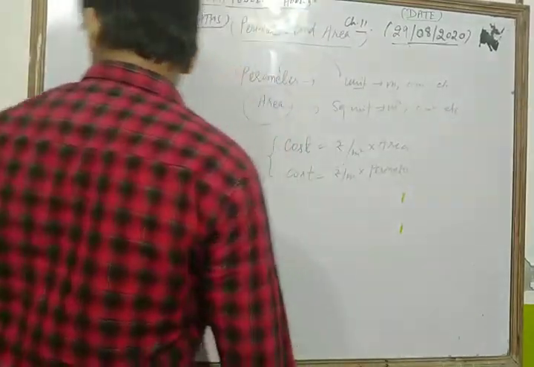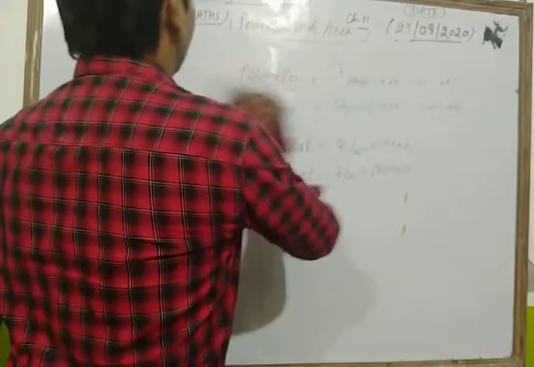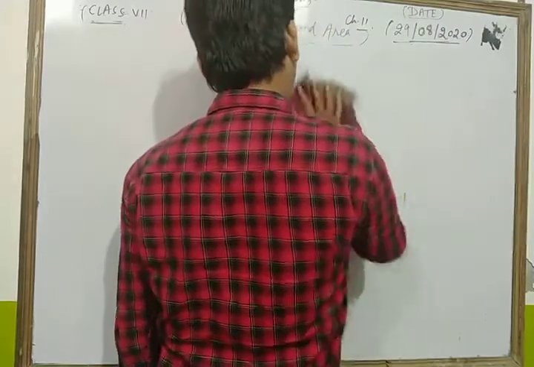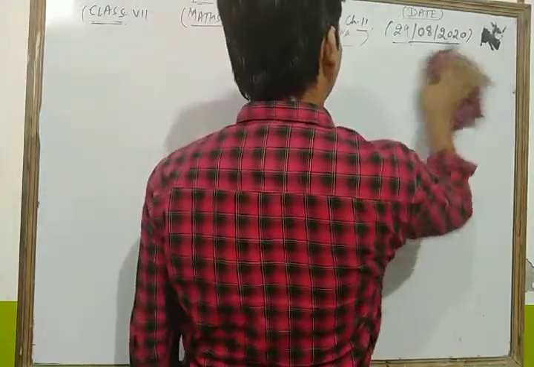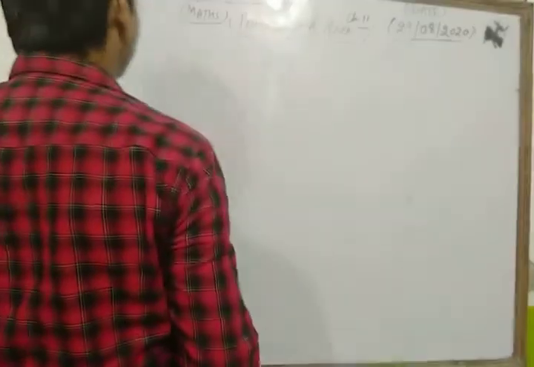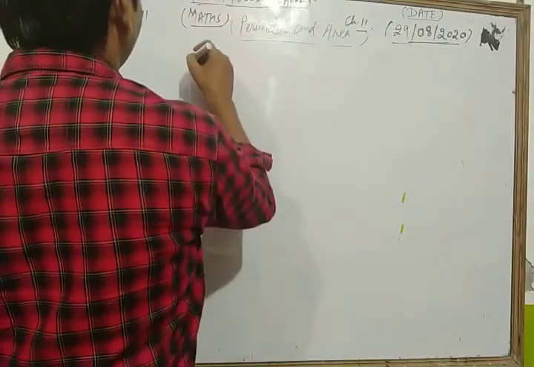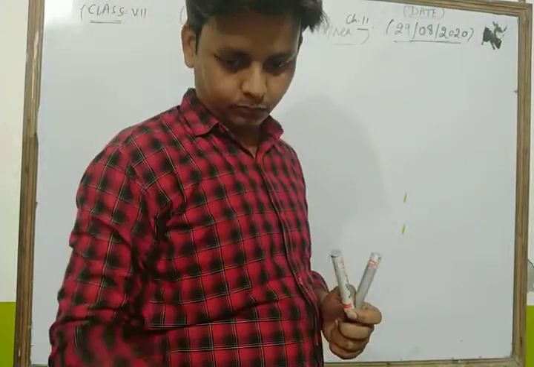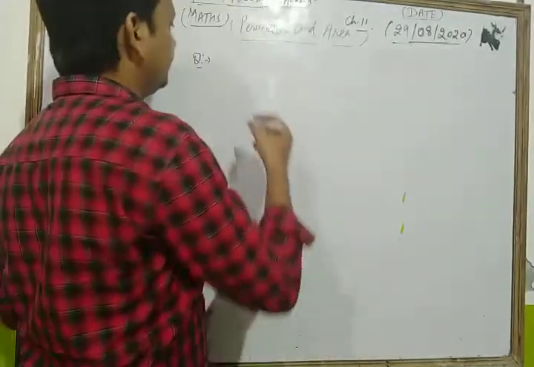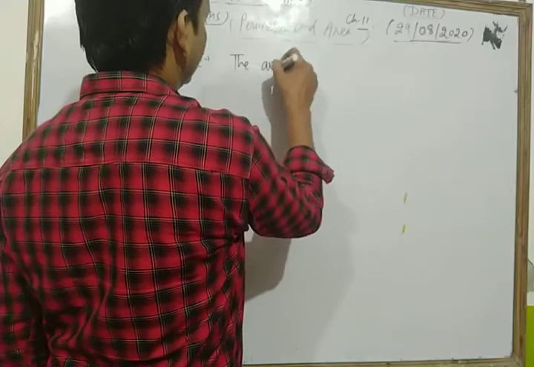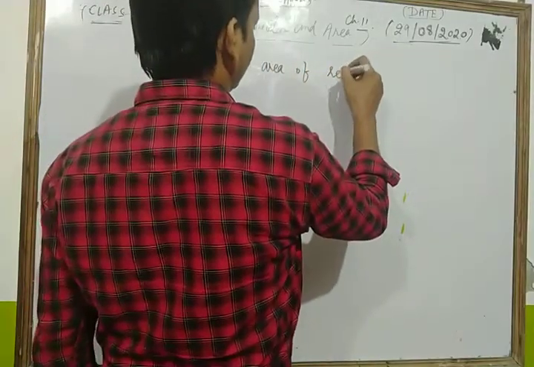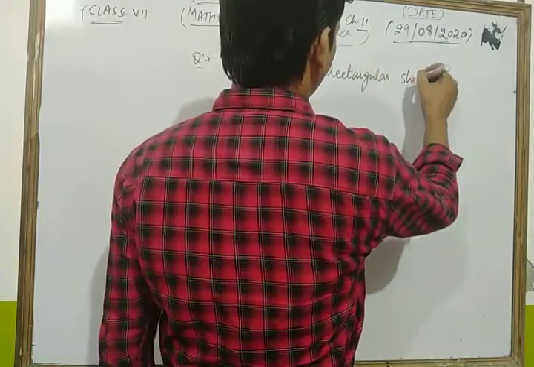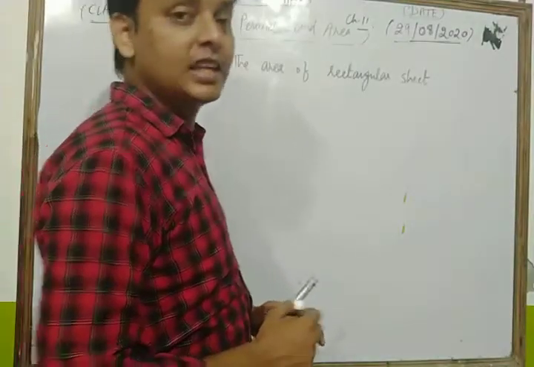Let's see. We take some questions. The question is: the area of a rectangular sheet is 500 centimeter square.